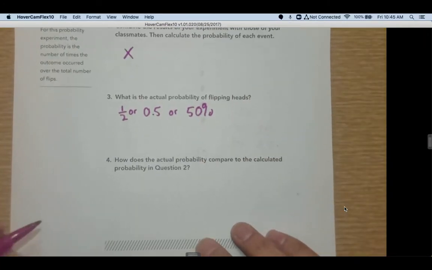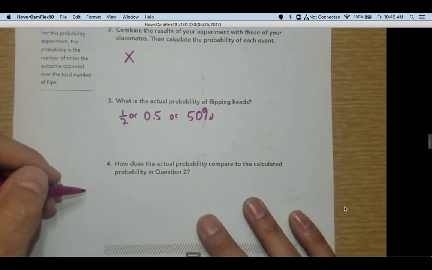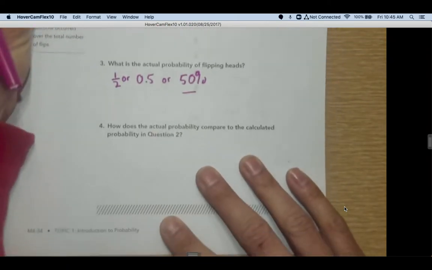How does the actual probability compare to the calculated probability in question 2? So this was heads, and for heads we're at 40%.